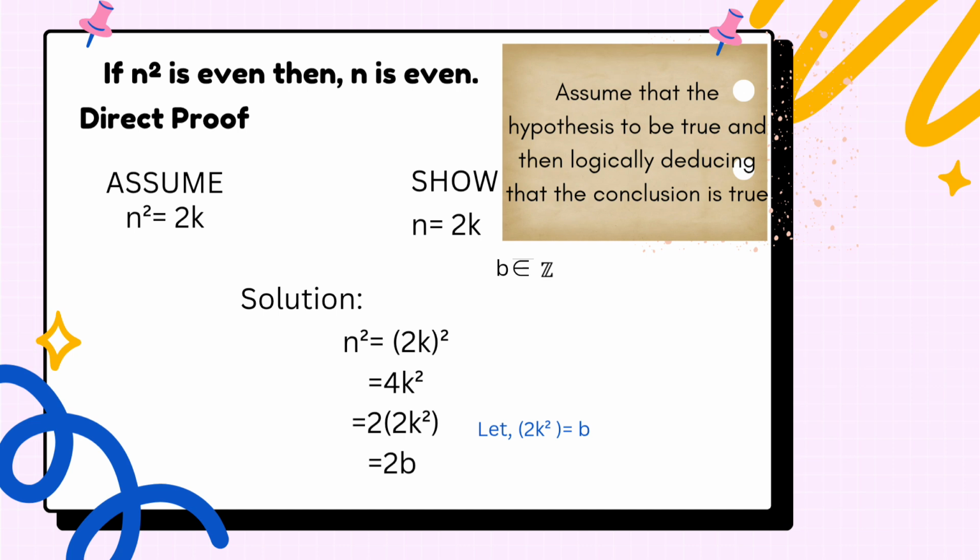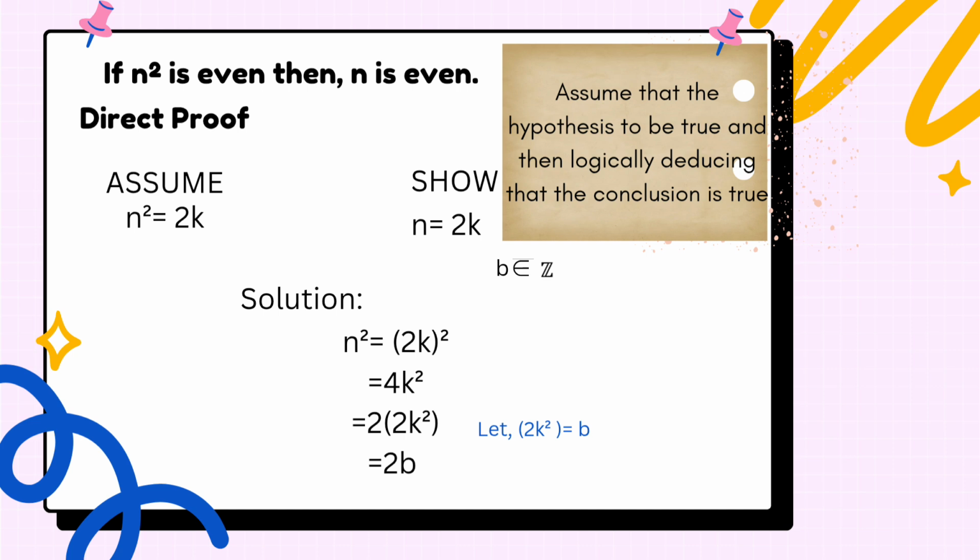Now, n squared equals the quantity 2k, quantity squared. To solve this, it turns into 4k squared, since 2 squared equals 4 and k squared equals k squared. Then next we're going to create a product of the 4k squared.